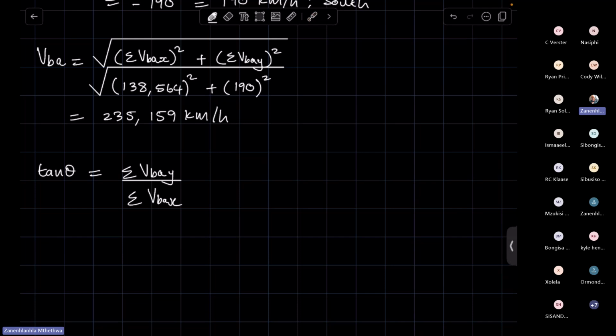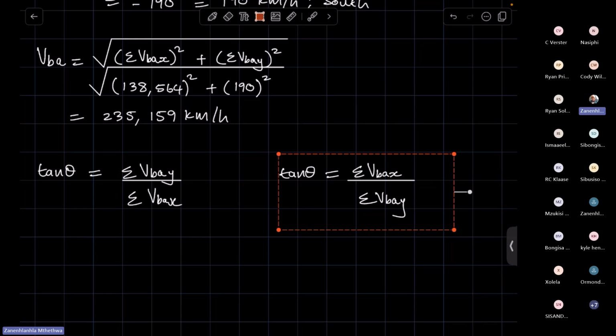If it's referenced from the y-axis, then tan theta is the other way around: the sum of VBAX at the top, divided by the sum of VBAY at the bottom. When using this, the angle you have is referenced from the y-axis. Are we clear?